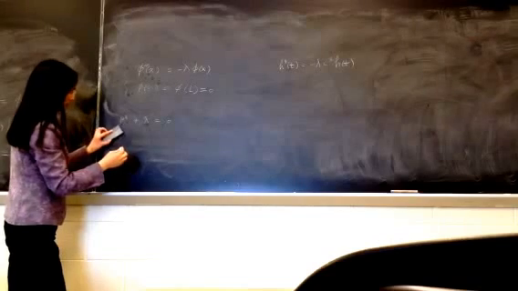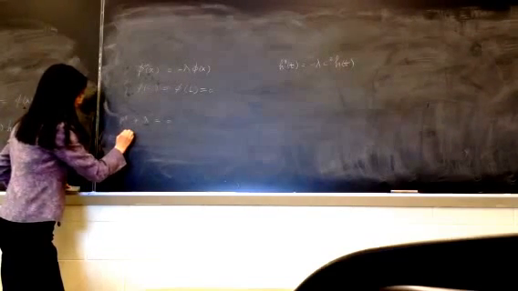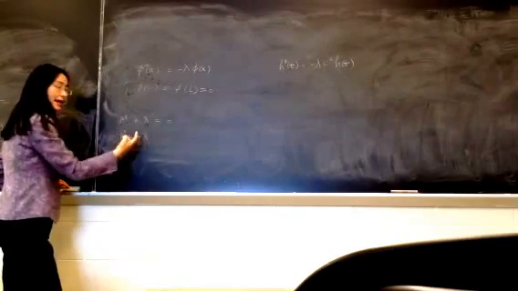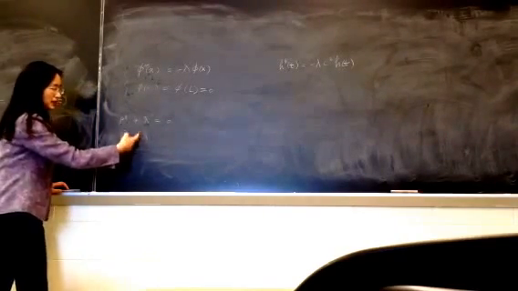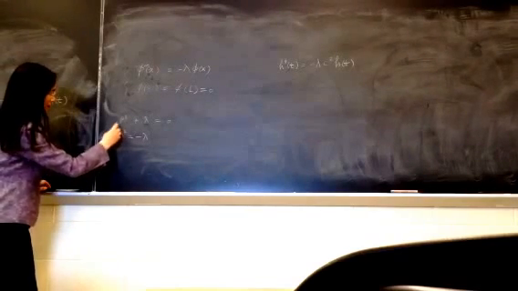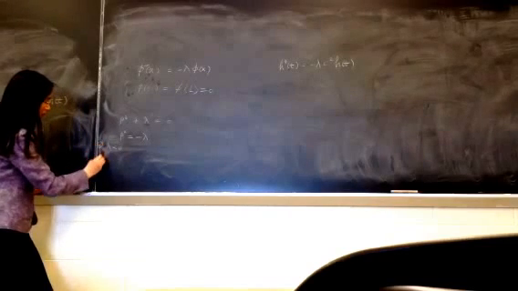So we can look at some cases: when lambda is negative, when lambda is 0, and when lambda is positive. We can divide it into 3 cases for the characteristic polynomial. When lambda is negative, this is case 1.